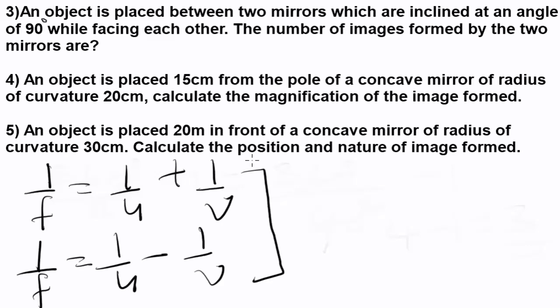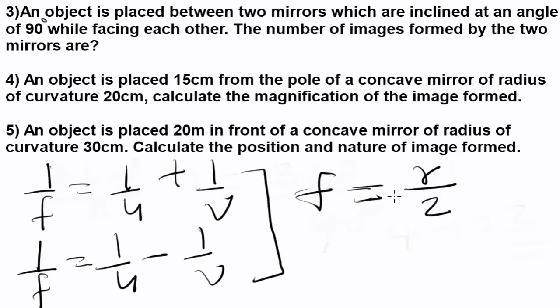Okay, very important, guys. Alright, so having known this, note one thing, that for mirror formula, focal length can be calculated using f equals the radius of curvature divided by 2.